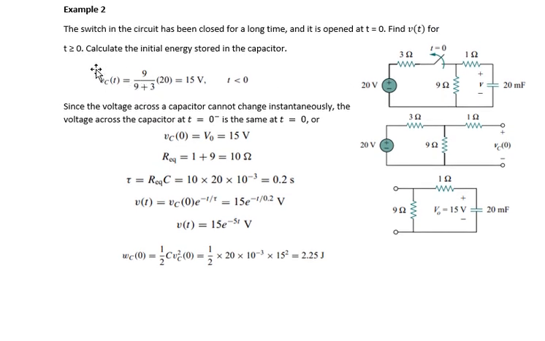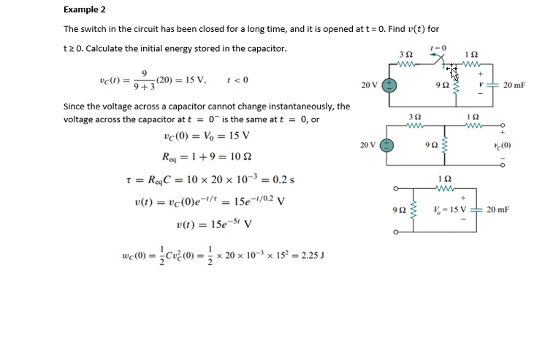So at time t is equal to 0, the voltage across the capacitor is 9 over 9 plus 3 times 20, so this is voltage division. VC of t is 9 over, so voltage division here.